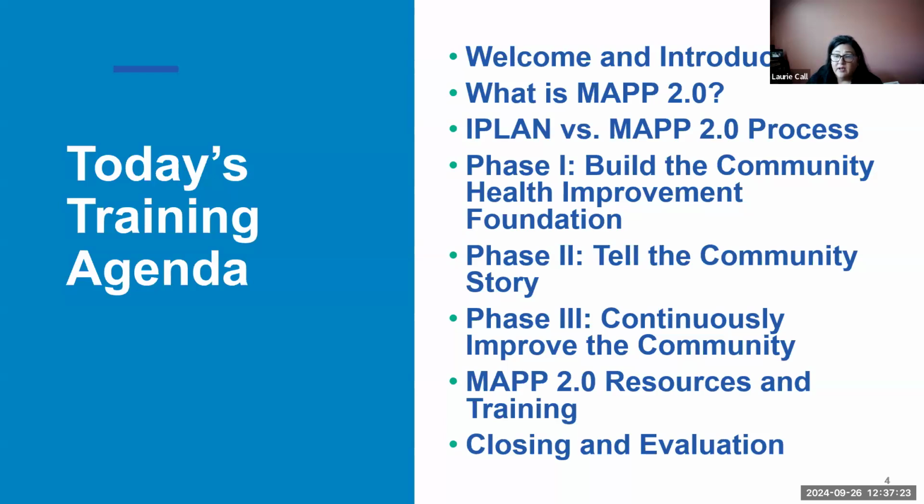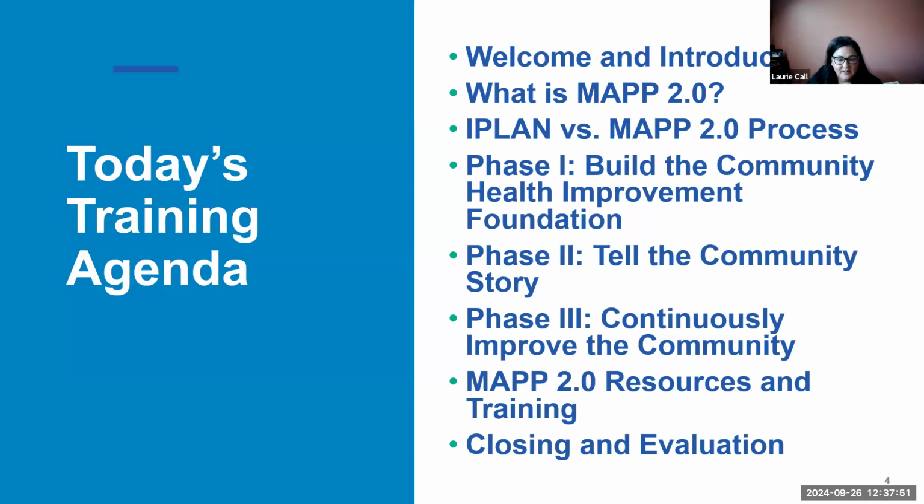And we've got a couple activities built in here that even if you're not using MAP, you could integrate into your existing process with IPLAN because they're just tools and practices that you can use to improve your overall process. So we hope those will be useful to you, whether you're doing MAP 2.0 or you're using the IPLAN process.